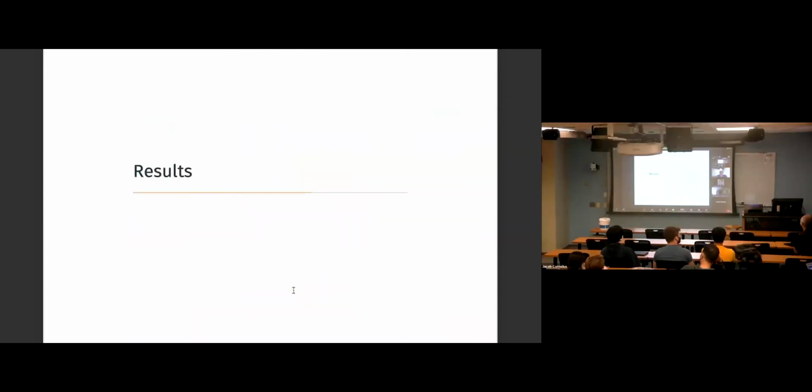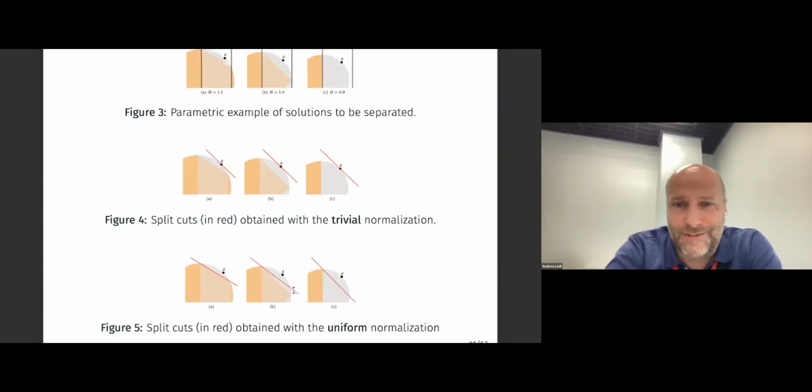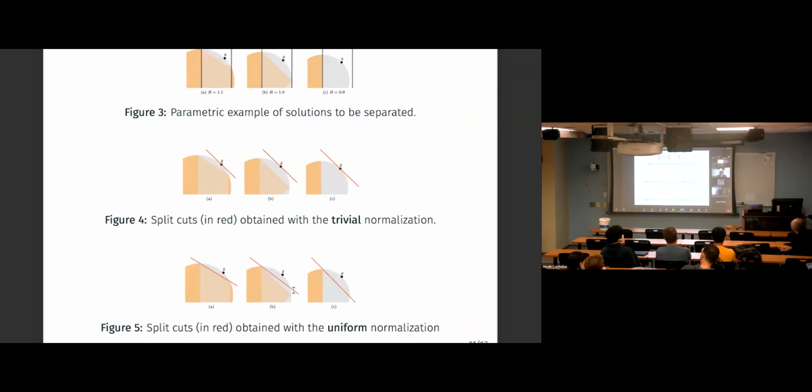Andrea, can I interrupt you one more time? Of course, you can interrupt me as much as you want, Oktay. Yeah. So back to figure 4 here, how is it possible that you cannot find a violated cut? It means that your cut generating conic program has an optimal value of 0, right? If it's not cutting the point. Yes.